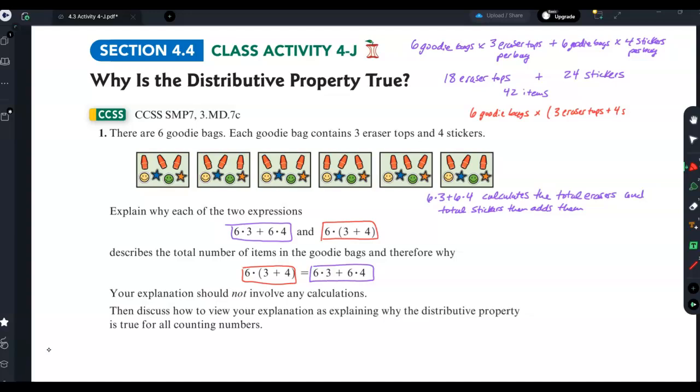plus the 4 stickers. Now that's not a total, right? That's 3 eraser tops and 4 stickers per bag, right? So if I do what's inside the parentheses first, 3 eraser tops plus 4 stickers would be 7 items. And again, that's per goodie bag.